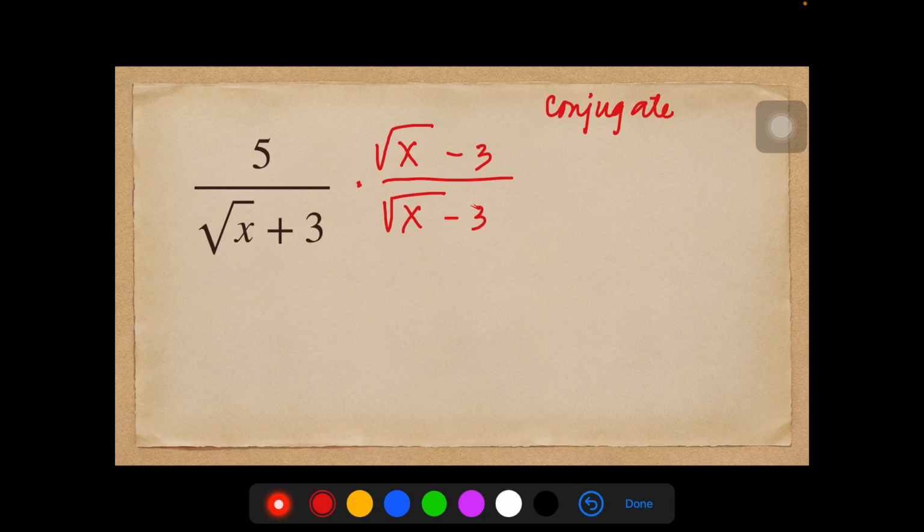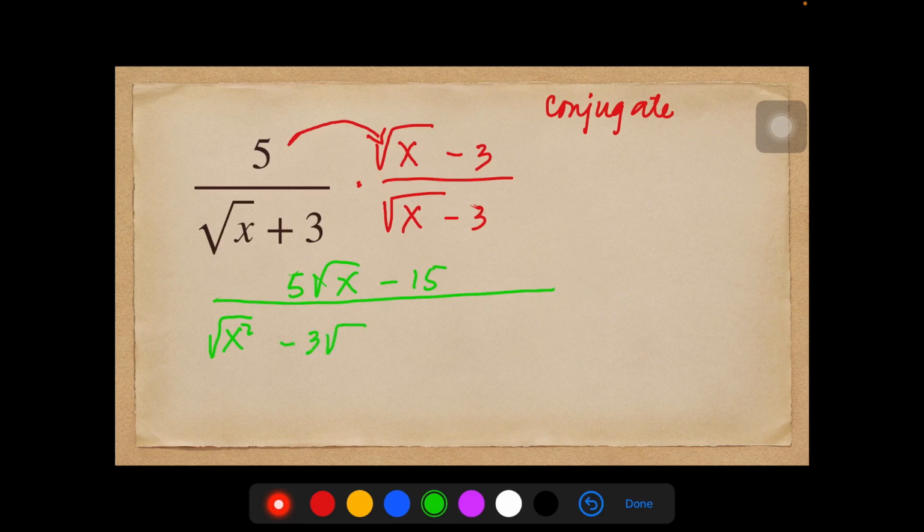Again, let's do what we did in the previous example. So we have 5 square root of x minus 15 over, again, can we do that once more? We have square root of x squared as first terms. Outer terms: minus 3 square root of x.